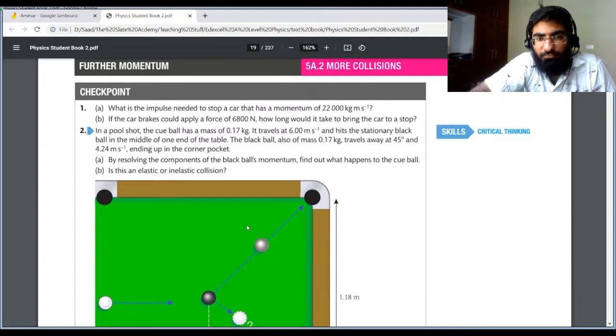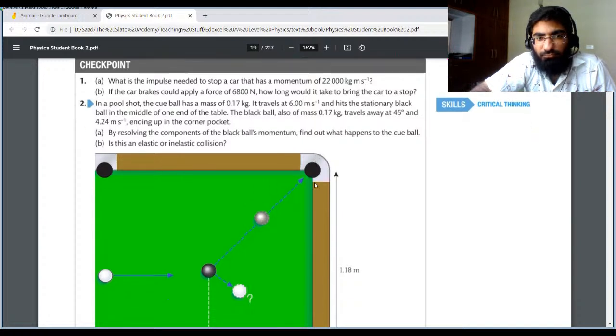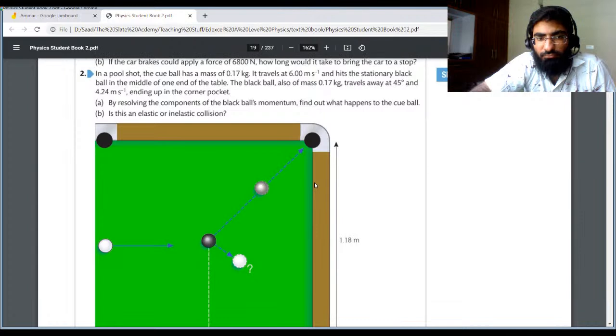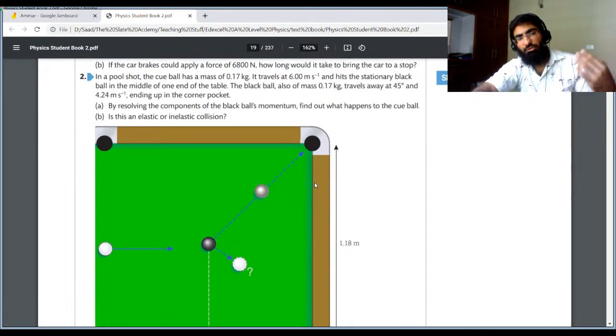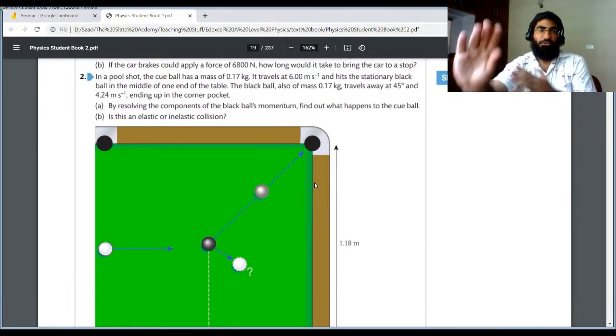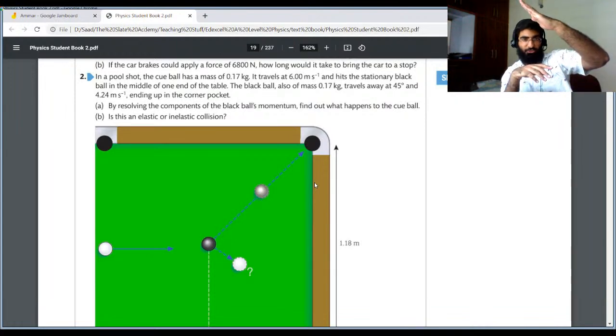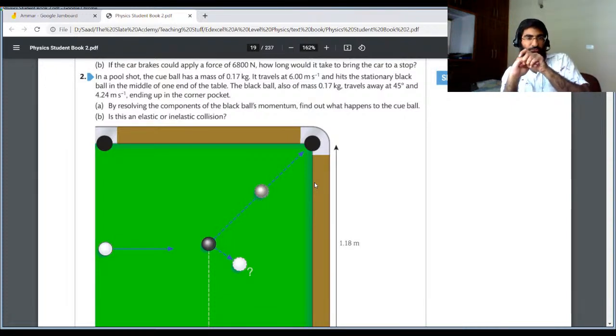I think that angle would be 45 degrees. So, with the velocity that it hits, the black ball goes off in the upper corner. The cue ball, most likely at 45 degrees, would come down into the lower pocket.